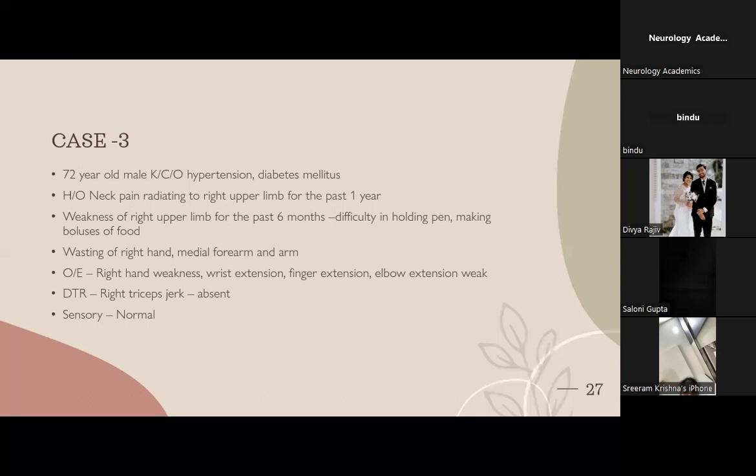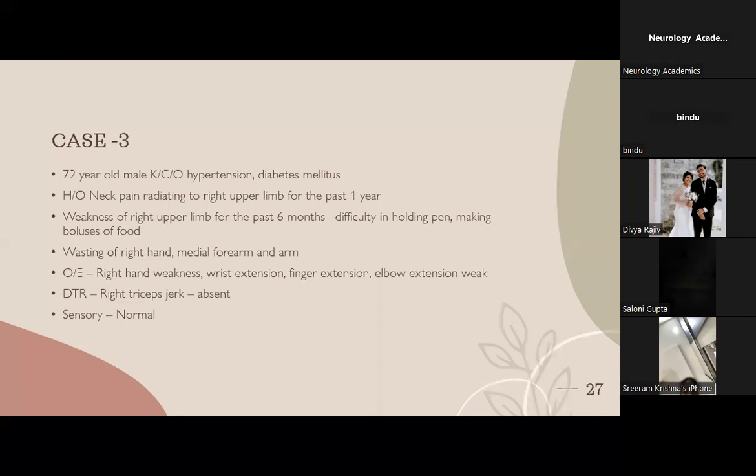On examination, right hand weakness, they have not mentioned the distribution of weakness, whether median and ulnar innervated muscles are weak or not. All intrinsic muscles were weak, so the median and ulnar innervated muscles are also weak.